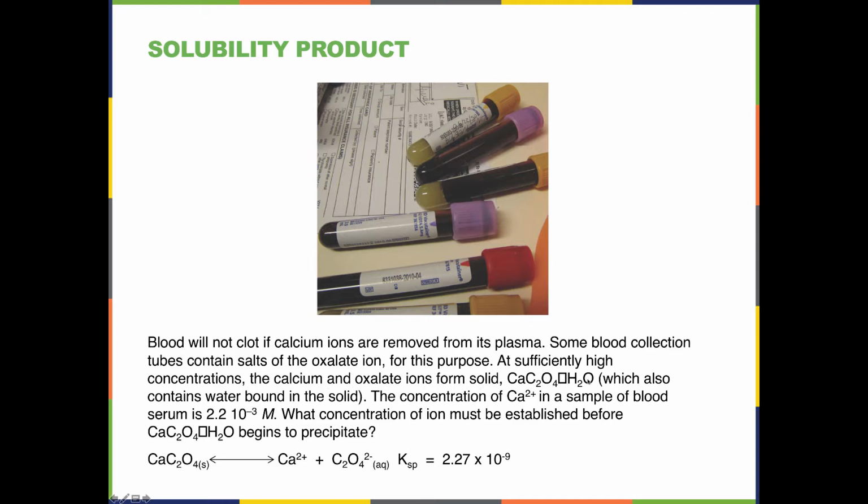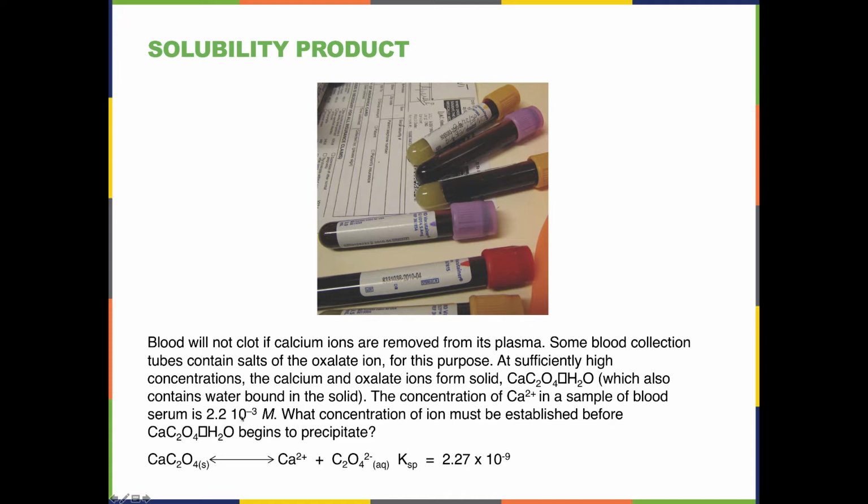At sufficiently high concentrations, the calcium and oxalate ions will form a solid which contains water bound to the solid. The concentration of calcium in a sample of blood is 2.2 times 10 to the minus 3. What concentration of oxalate ion must be established before the calcium oxalate will begin to precipitate?